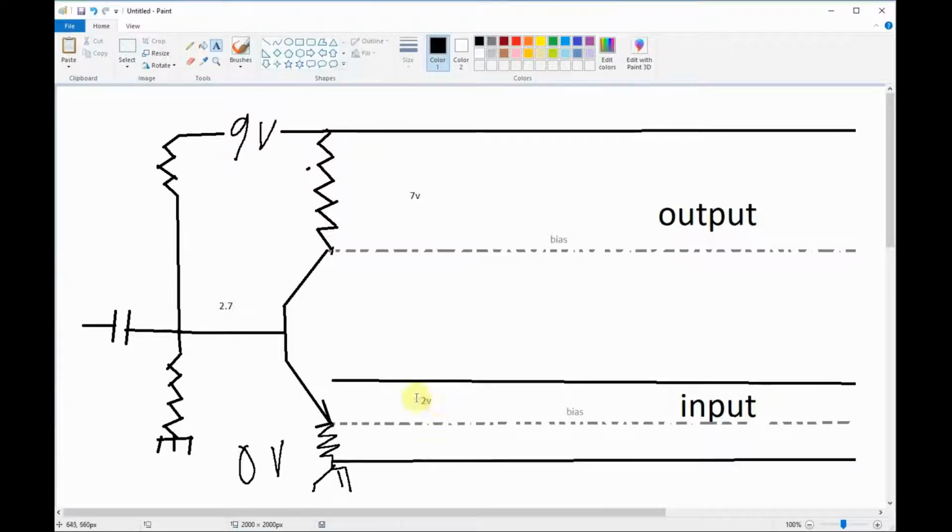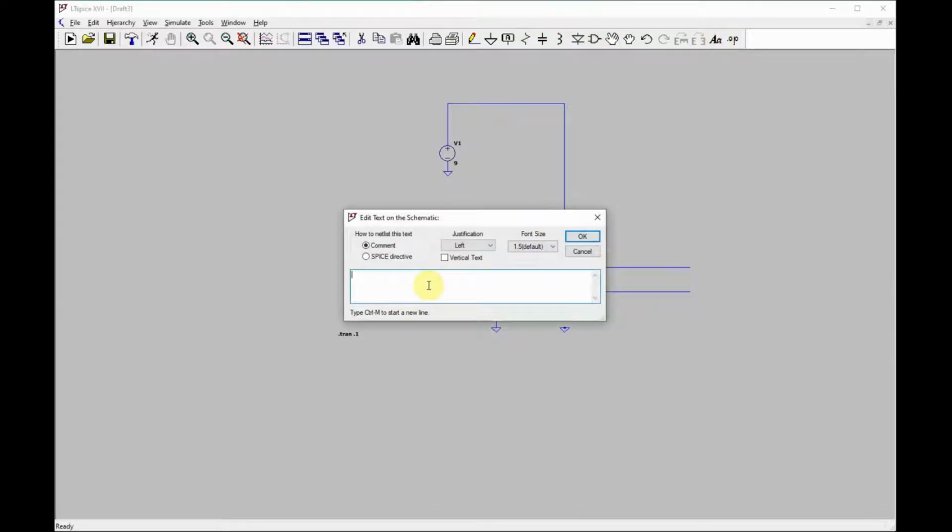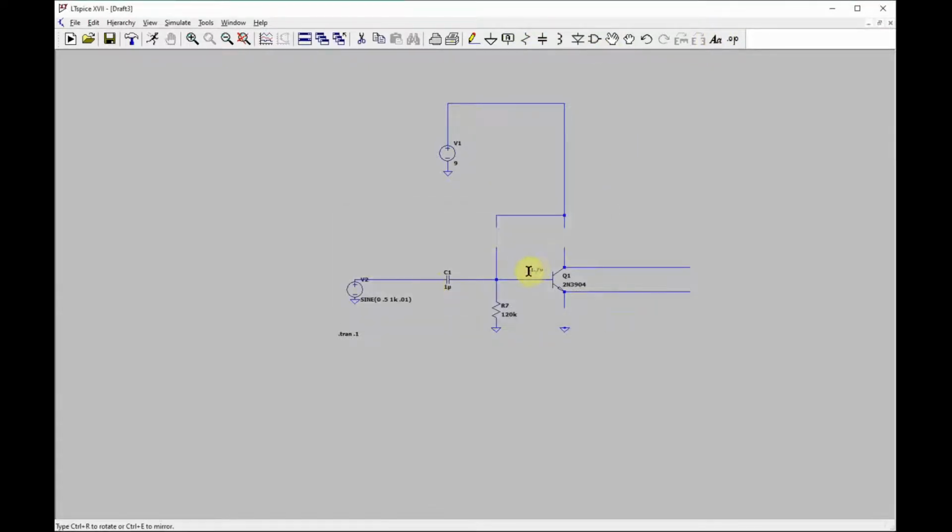We expect our signal to fit in there and not clip. We'll say we have a signal that's going to be less than 2 volts peak to peak that we can place in there. So we're going to set this at 1 volt, which means we're going to set that at 1.7 volts.